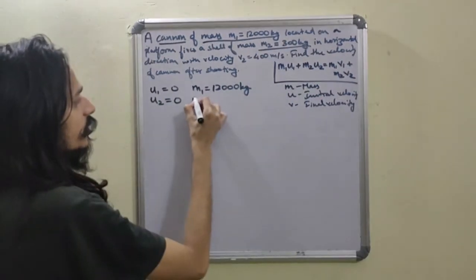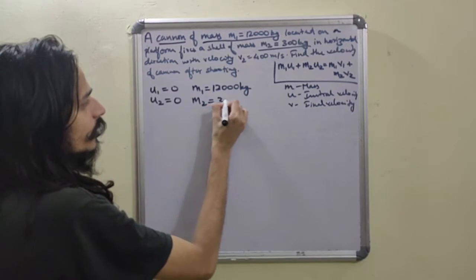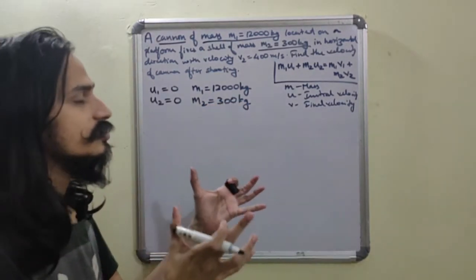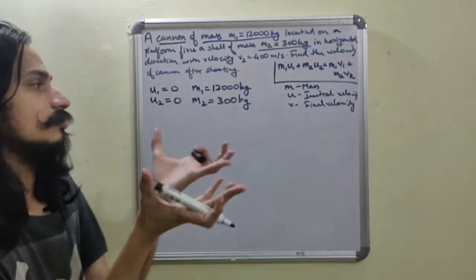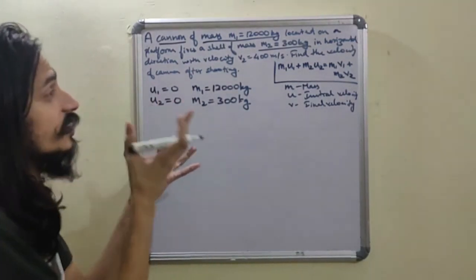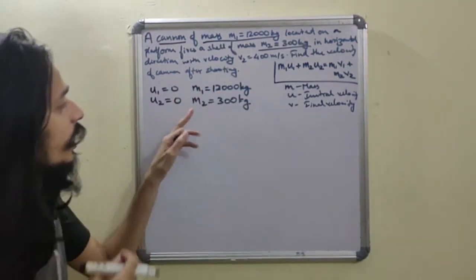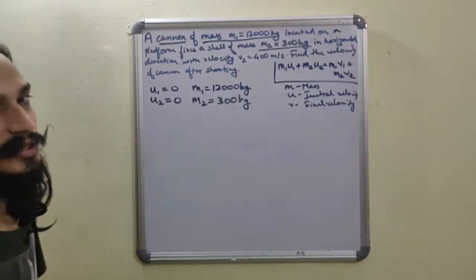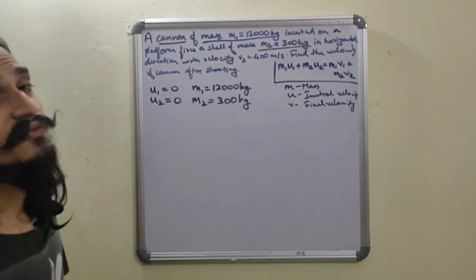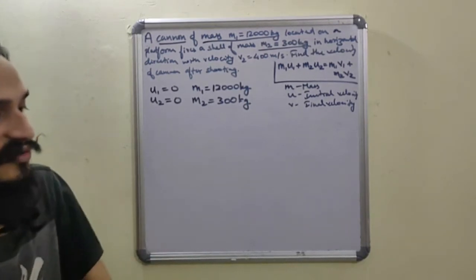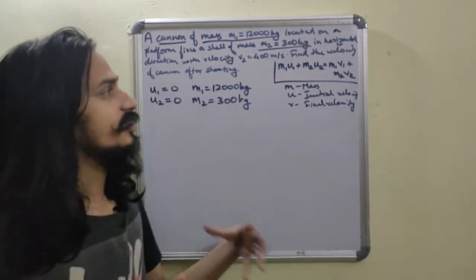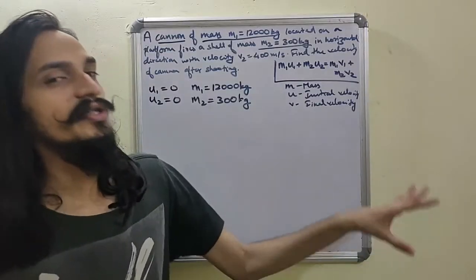Now m2 is also given. Okay, so shell, because cannons have a big heavy ball, no? So we call it a shell and it's heavy, so it's 300 kilogram. Even that shell is not moving at first, right, when it's inside the cannon. But when you fire it, because of some force inside with the gunpowder or whatever chemical reaction that happens, it just flies off, right?